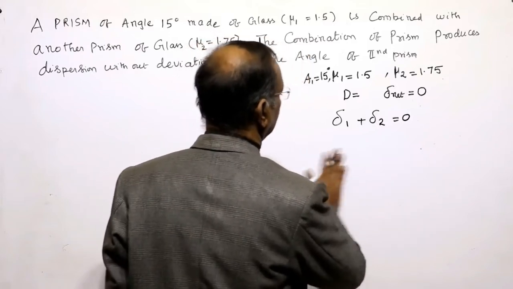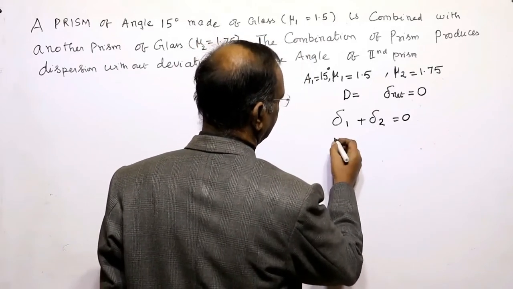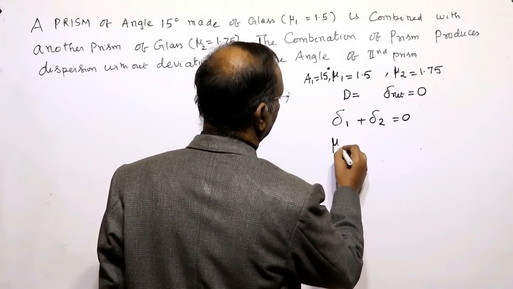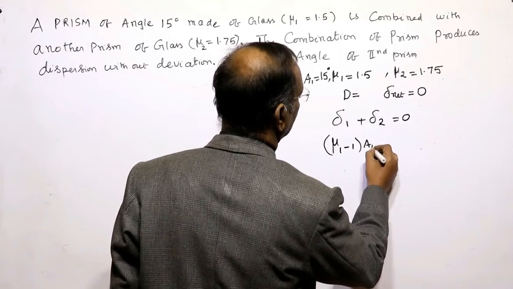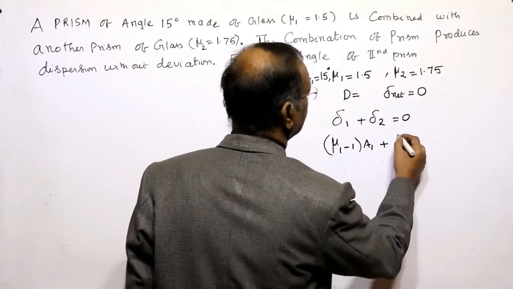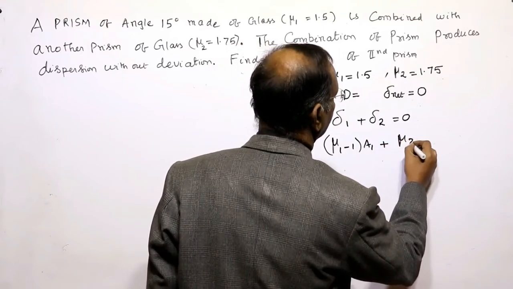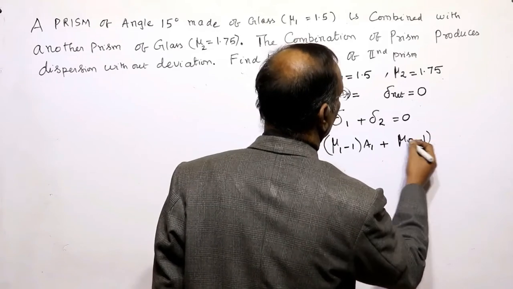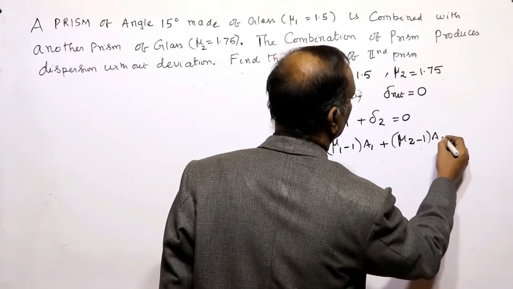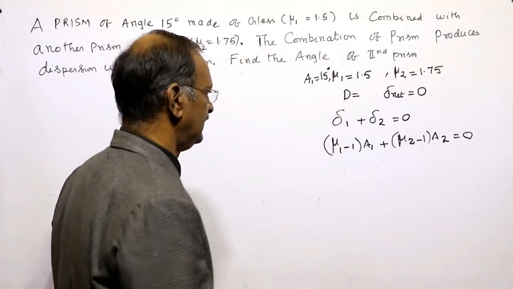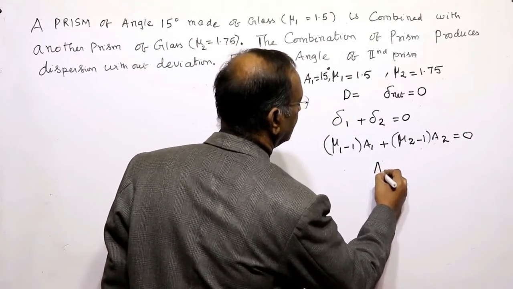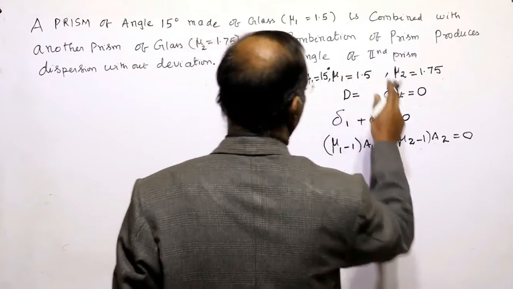So the deviation formula is (mu1 minus 1) into A1, the angle of the first prism, plus (mu2 minus 1) into A2, its angle, should be equal to 0. That is A2, what we have to find out, the angle of the second prism.